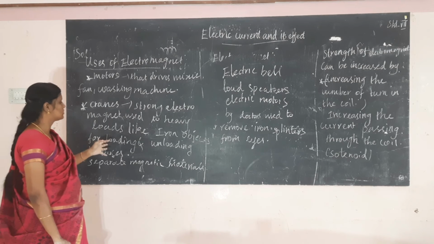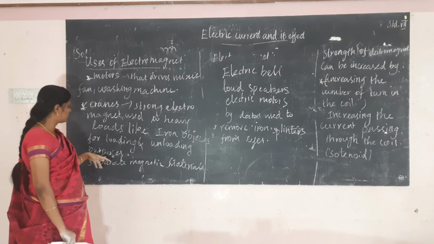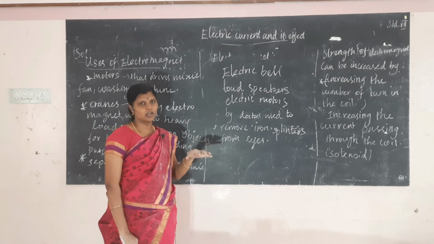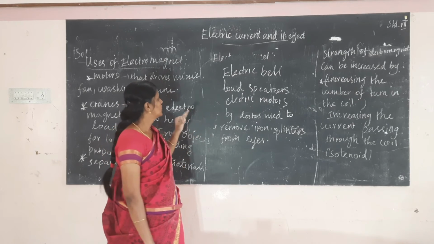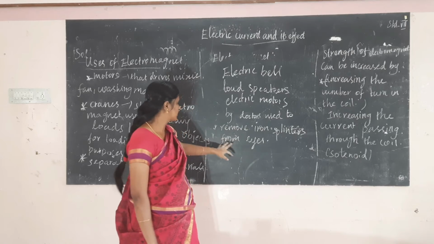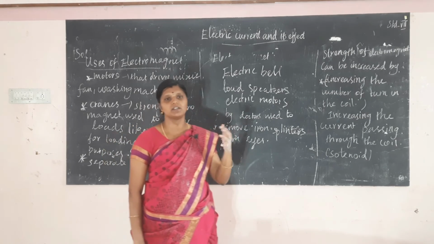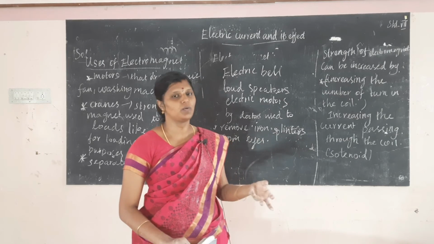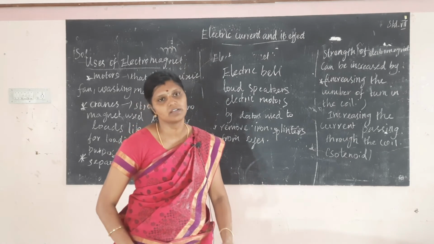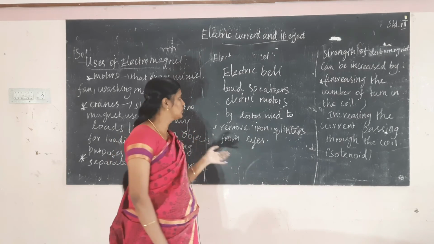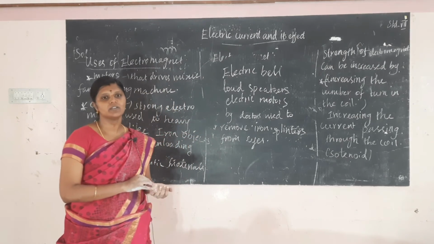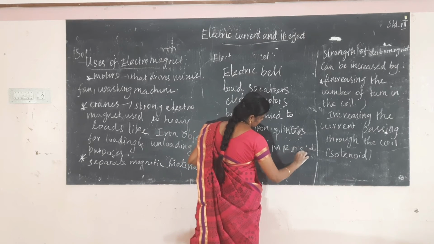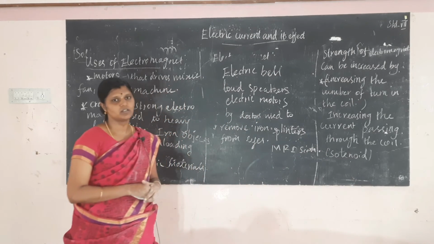Strong electromagnets are used to lift heavy loads like iron objects for loading and unloading, and to separate magnetic materials from junkyards. They are also used in electric bells, loudspeakers, electric motors, and by doctors to remove eye splinters. They are also used in MRI scans. These are the applications of electromagnets.